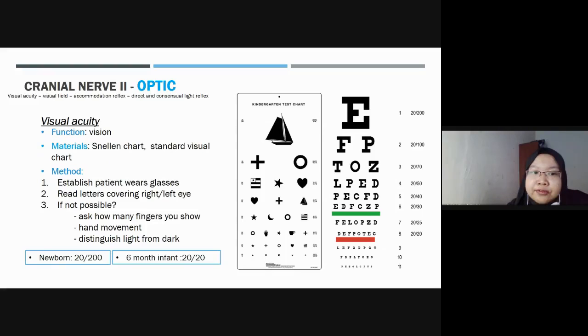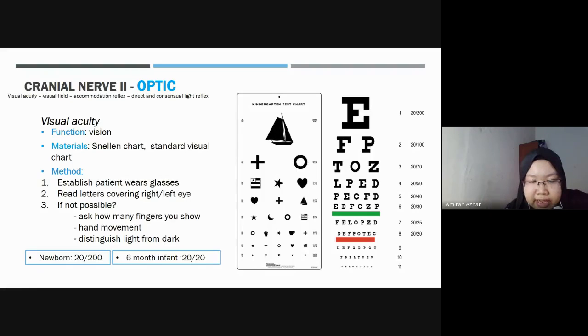For the optic nerve, this is cranial nerve 2, we will assess 4 things: visual acuity, visual field, accommodation reflex, and direct and consensual light reflex. For a patient who can see pictures and understand your commands, you can proceed with visual acuity. You can use materials such as the Snellen chart, as you can see, and the standard visual chart.